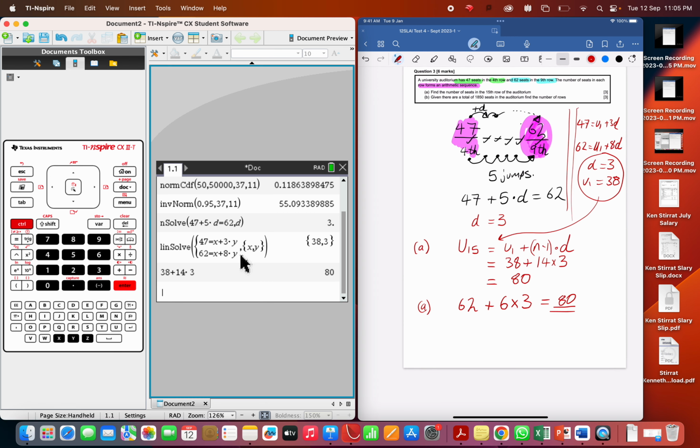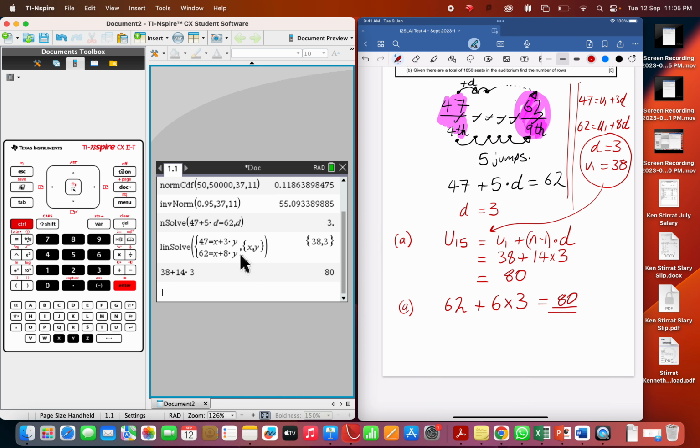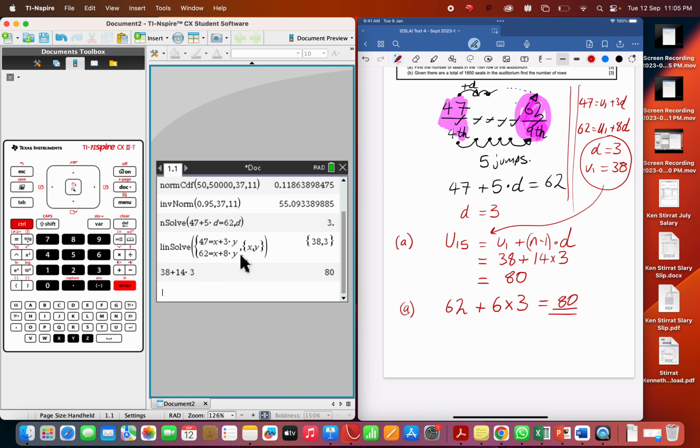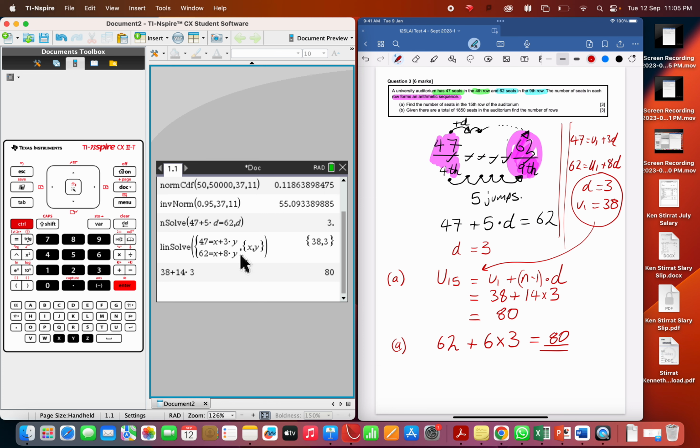And then the final bit here is about the summation. Given there are a total of 1850 seats in the auditorium, find the number of rows. This is quite a standard question for standard level applications. We pull out the sum, S n equals n over 2 times 2u1 plus n minus 1 d.